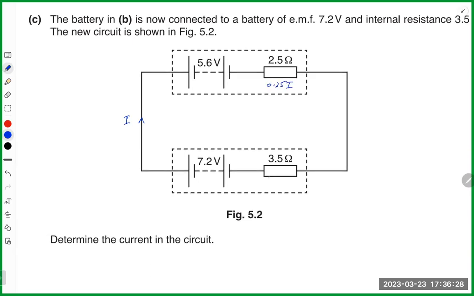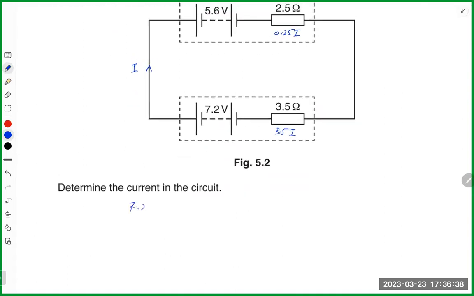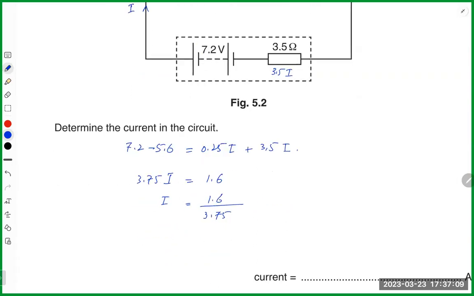In this case, it will be 3.5 I. So total EMF will be 7.2 minus 5.6, which is equal to total potential difference, which is 0.25 I plus 3.5 I, 3.75 I. I equals 1.6 divided by 3.75, which is 0.43.